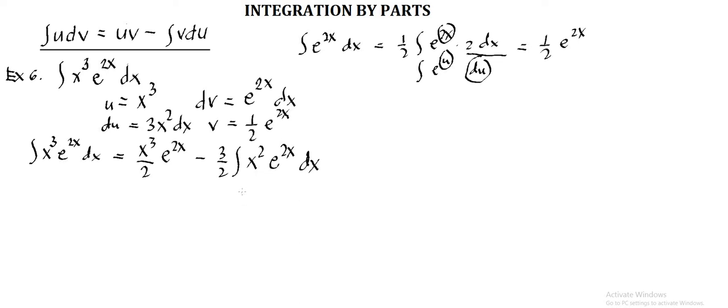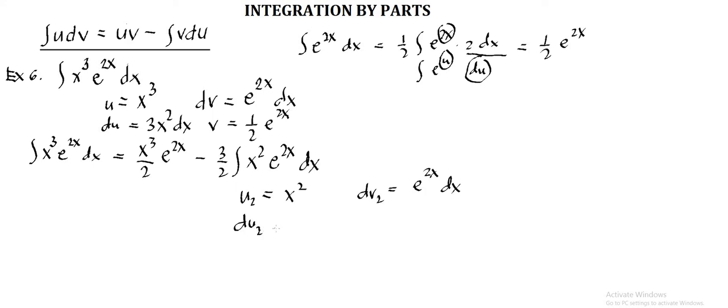So let u sub 2 this time, no, para may distinction tayo sa unang integration by parts na ginamit natin sa una, no? Equals x squared. And then dv2 equals e to the 2x dx, no?